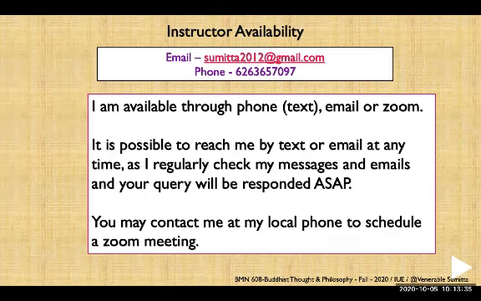It's possible to reach me by text or email at any time, as I regularly check my messages and emails, and your query will be responded to as soon as possible. And for a possible Zoom meeting, you may also contact me, and I should be able to help you.